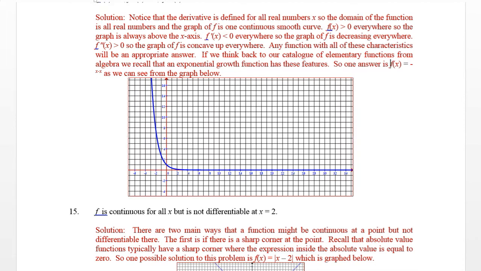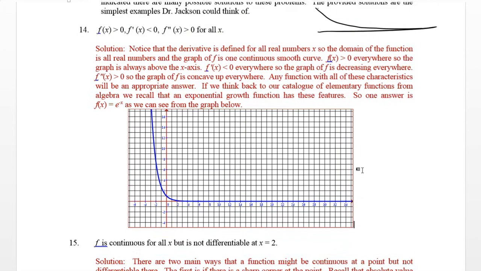example. So the function we came up with was f of x equals e to the power negative x. Now, is that the only one? Of course not. There's lots of different functions that look like this. But what characteristics does it have to have? The graph has to be always above the x-axis. That is, always has positive outputs.